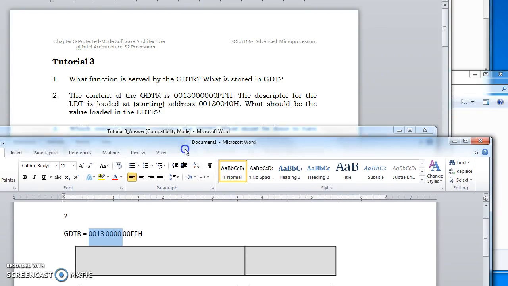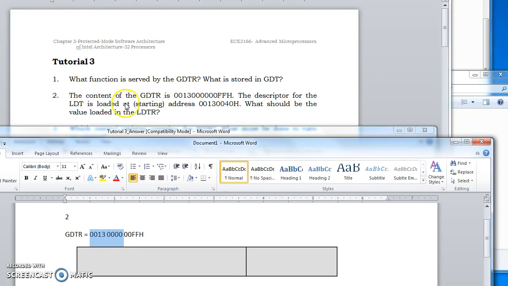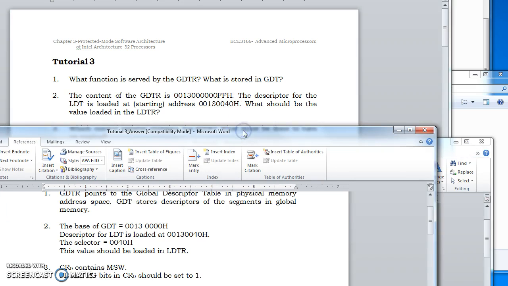In the question also given, the descriptor for the LDT is loaded at starting address 00130040H. So from this one, you can see what is the selector.